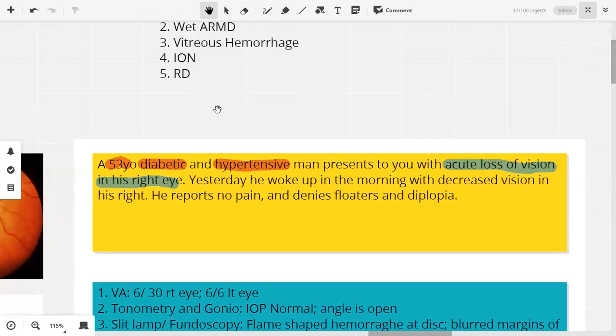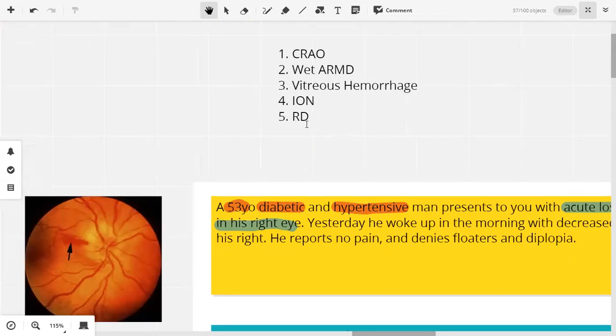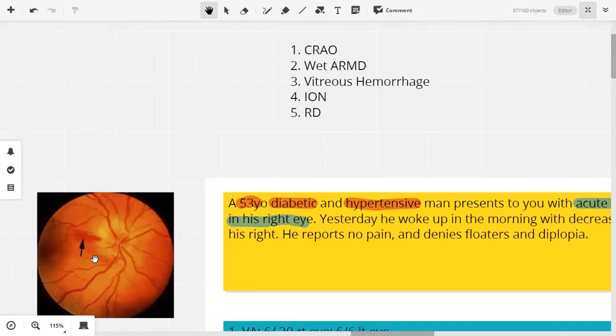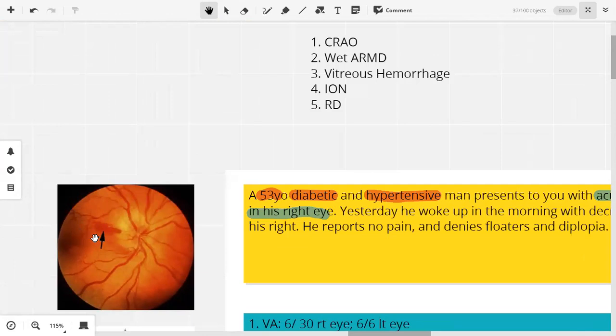We have a list of differentials from which we've excluded retinal detachment because we cannot see a retinal detachment. We excluded vitreous hemorrhage because we cannot see any vitreous hemorrhage, even though there's a retinal hemorrhage. Wet ARMD, because the macula is unremarkable. And it's not CRAO, because a CRAO has attenuated vessels and a pale retina, not just a pale disc.